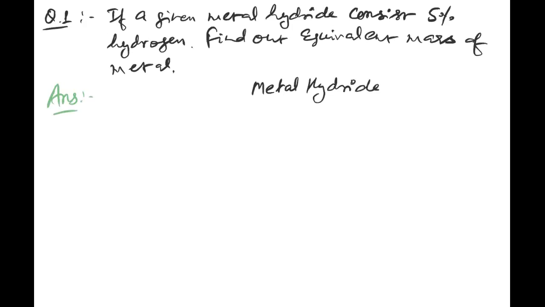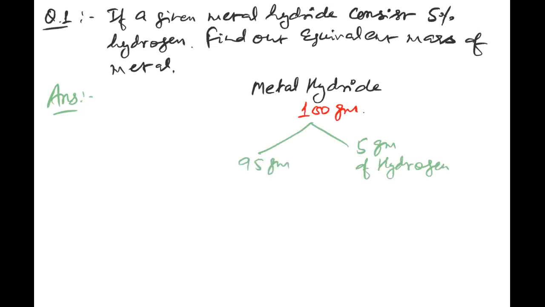So as far as metal hydride is concerned, out of 100 gram of metal hydride, as it consists of 5% hydrogen, I can simply say it consists of 5 gram of hydrogen, and obviously it consists of 95 gram of metal. So out of 100 gram of metal hydride, it consists of 95 gram of metal and 5 gram of hydrogen.